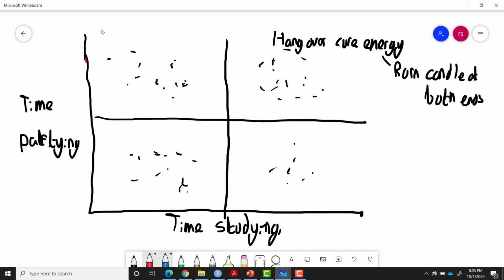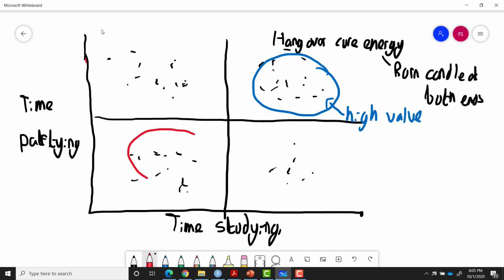This would be, you know, probably my most high value segment. And this would be my lowest value segment. So a bit of a silly example, but I think it nicely illustrates what exactly segmentation is.